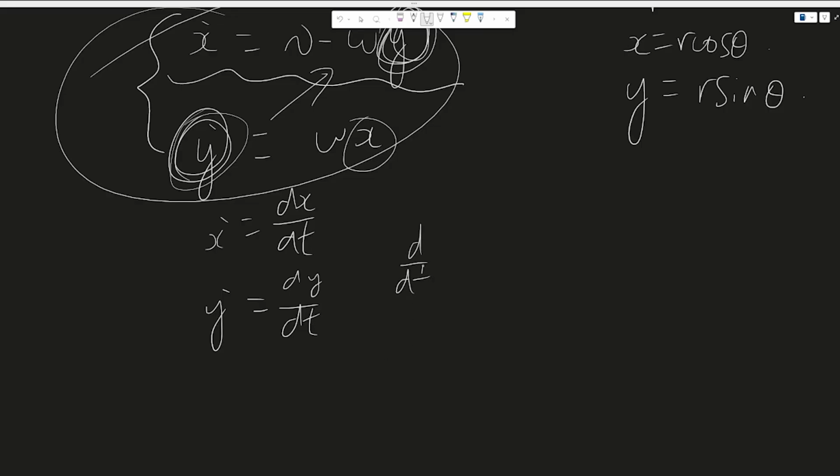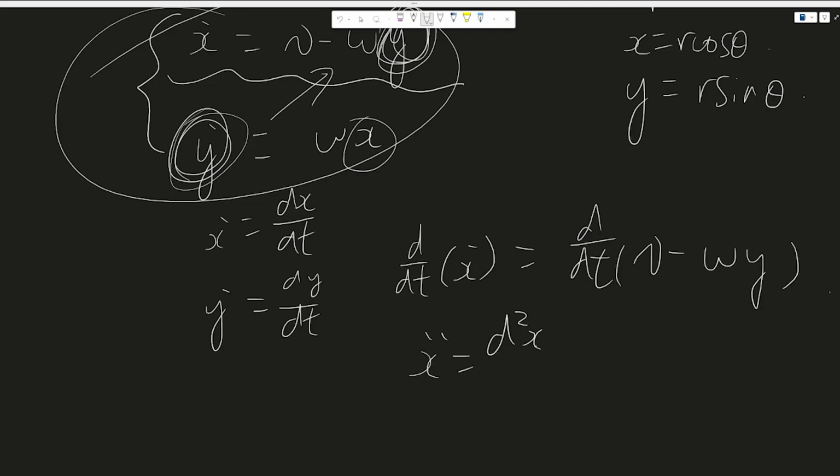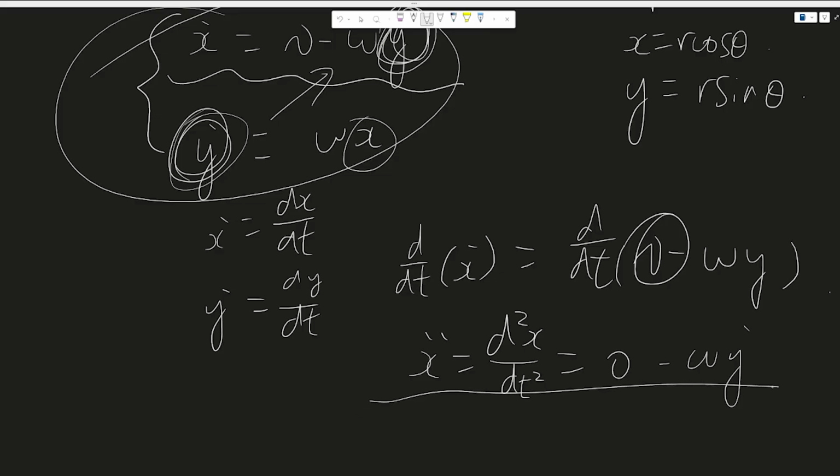So d/dt of x dot equals d/dt of (v minus omega y), and this just becomes x double dot, representing the second derivative. Since v is constant, it becomes 0, and the derivative of omega y is minus omega y dot. And so this is the formula now.